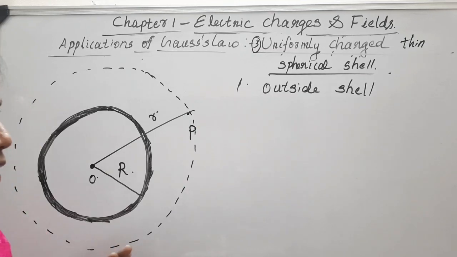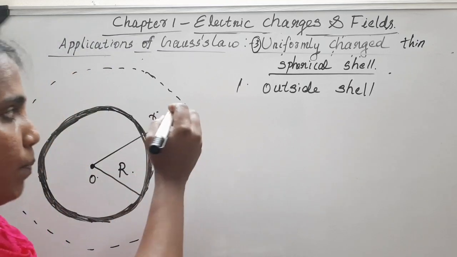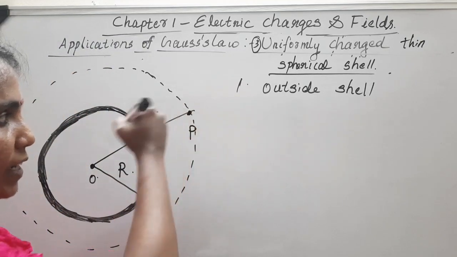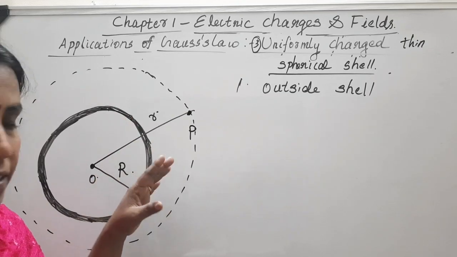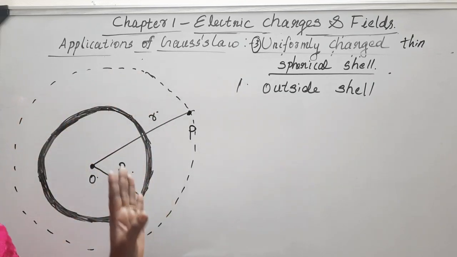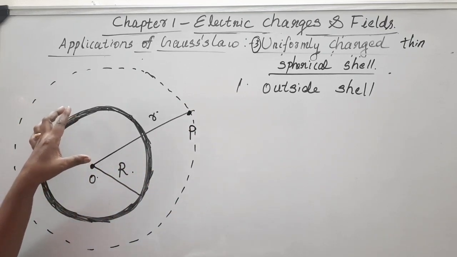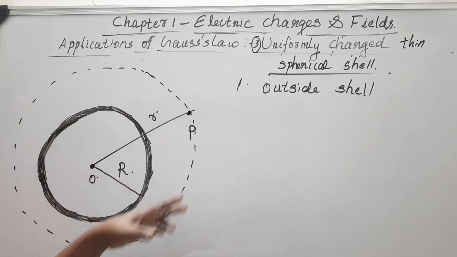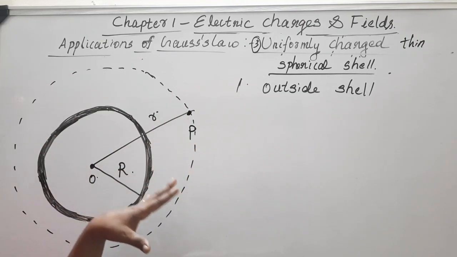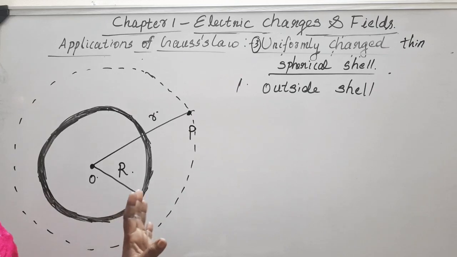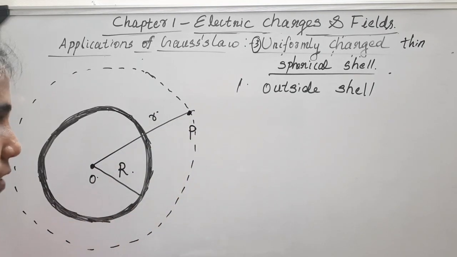So first we find the field outside the shell. Outside the shell, at a point P, we need to find the electric field. So we are considering a spherical Gaussian surface outside the spherical shell, drawn with this dashed line, and the point P lies on the periphery of that Gaussian surface.